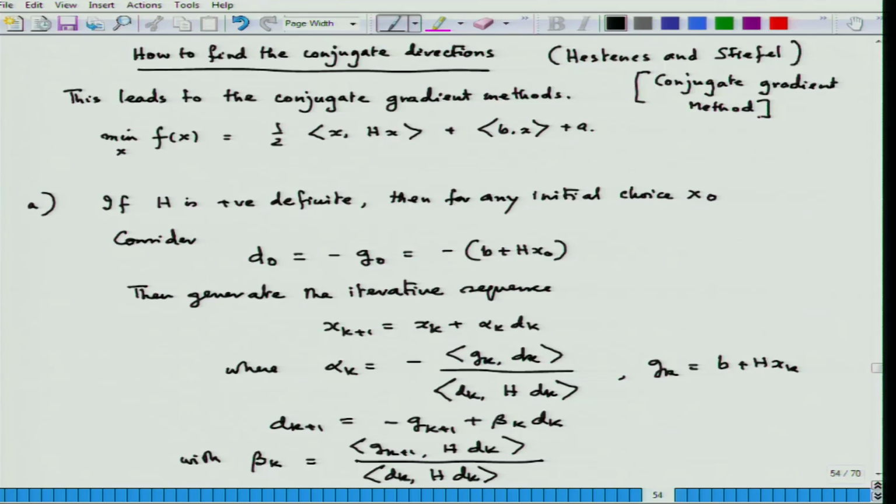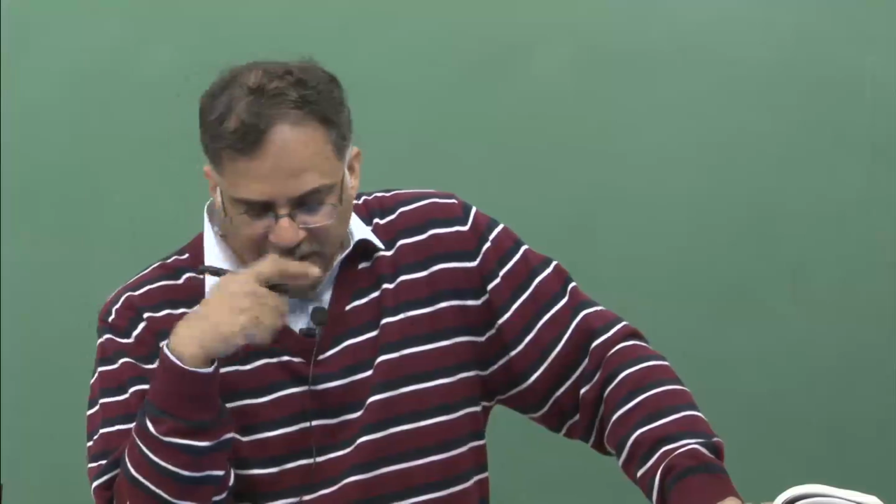This is called the conjugate gradient method because my starting conjugate direction is minus g0. So you see what we generate here, at least in the convex quadratic case: if I slightly tamper with the idea of the steepest descent method, I can get an algorithm which is much faster than steepest descent.